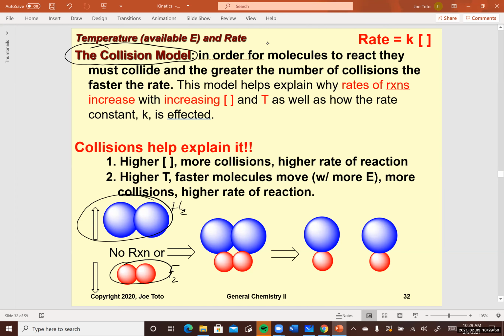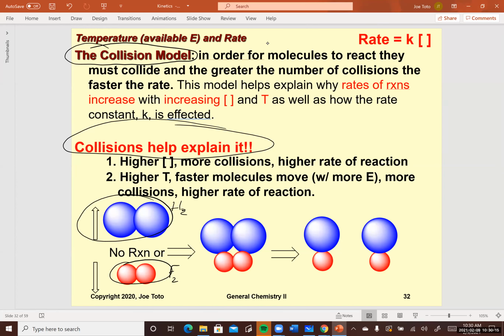Now, if they hit, will they react or not? Collision theory says that for reactants to react, they have to at least come into contact. So when they collide, will they react? And what are the parameters that affect their reaction?